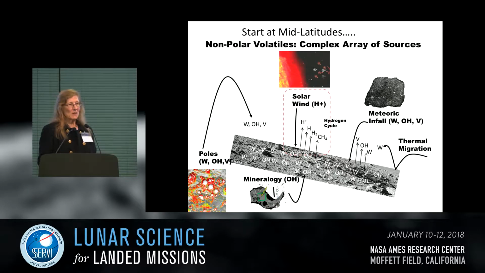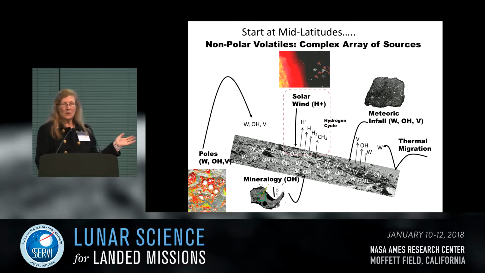It's just a schematic. We know that protons come in from the solar wind, and a lot of things happen. You have reflected protons. You have reflected hydrogen at slightly lower energy. And you have the production of OH and hydrocarbons.